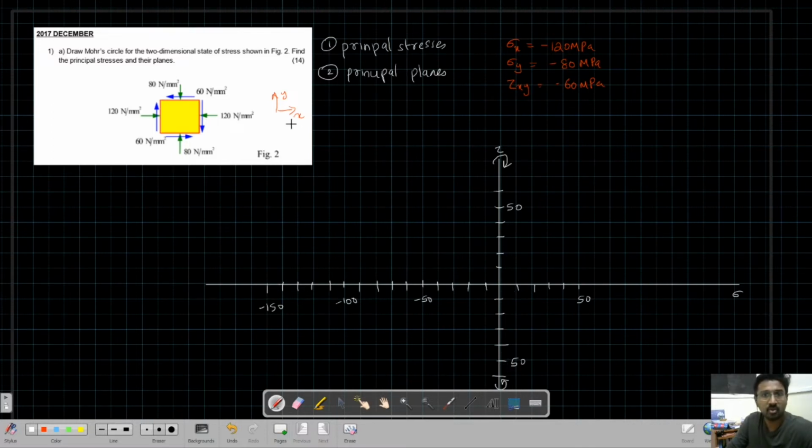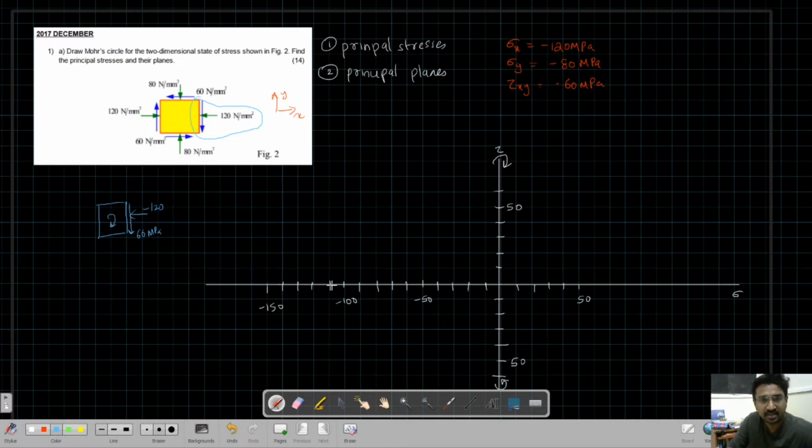Now we have to find points to draw the circle. First we will use this plane. This plane has minus 120 MPa as the normal stress, and a shear stress of 60 MPa. This shear stress is trying to rotate the element in the clockwise direction.